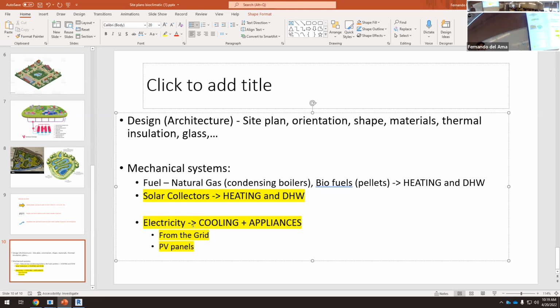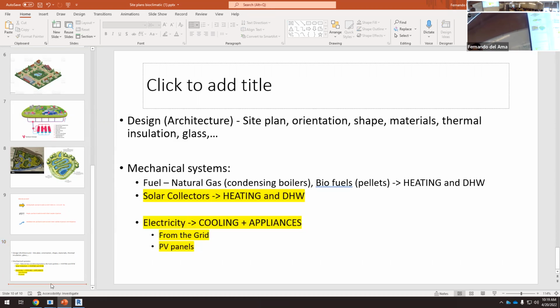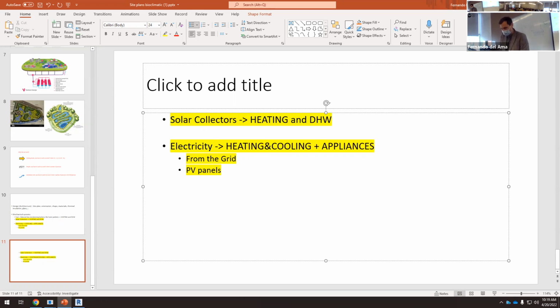If we're working with electricity for cooling and, okay, so this is the summary. Now we are going to do this. So we are going to use solar collectors for heating and domestic hot water. And we are going to use electricity for heating and cooling and appliances.